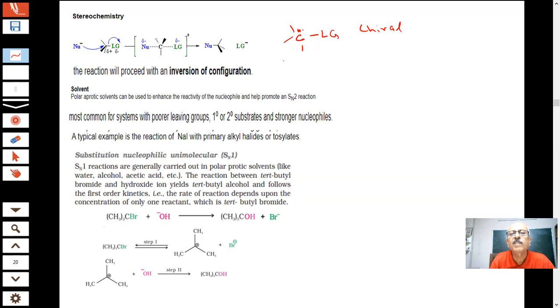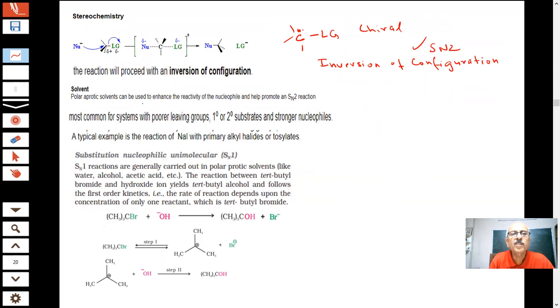You can see there is an inversion of configuration. We will explain more about this in the stereochemistry. Inversion of configuration takes place in the SN2 mechanism. These are the points to be noted. They will become questions in the paper.